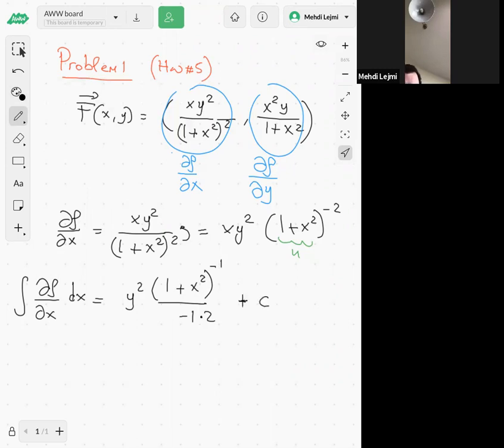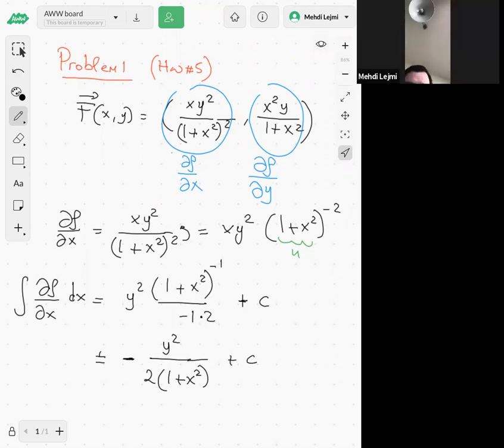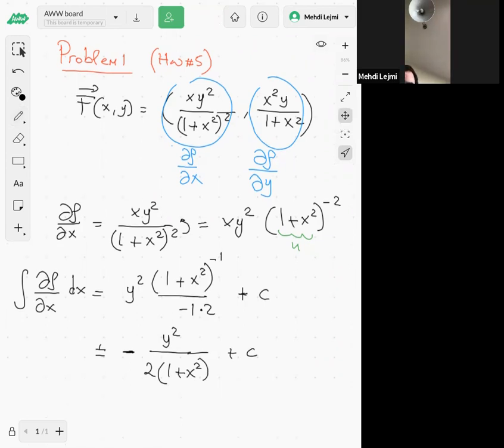So that will be minus y squared over 2 times 1 plus x squared, plus c. Is that your answer? Yes. Okay, so then you derive it with respect to y.